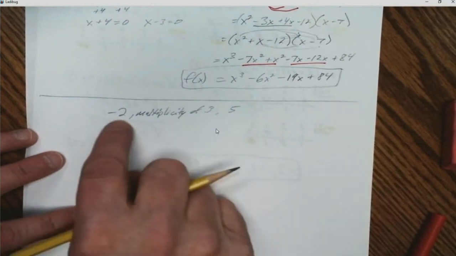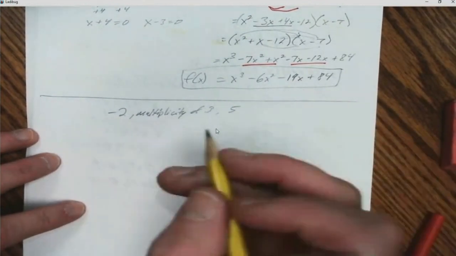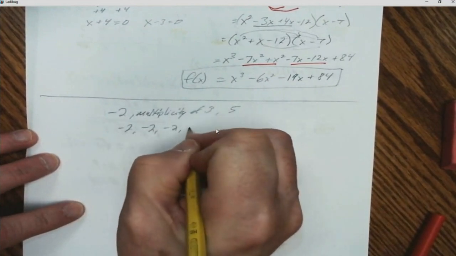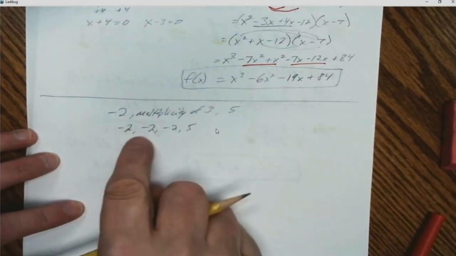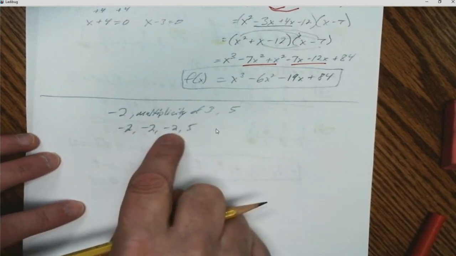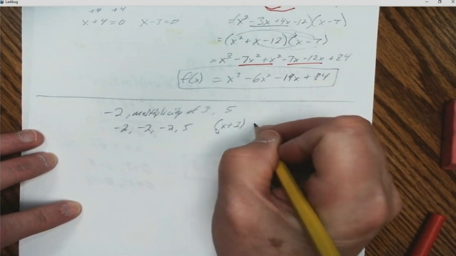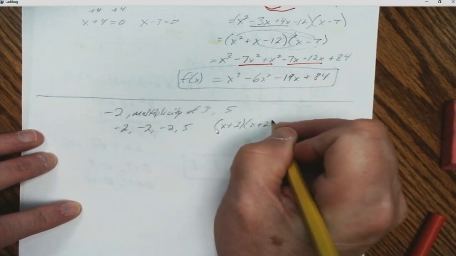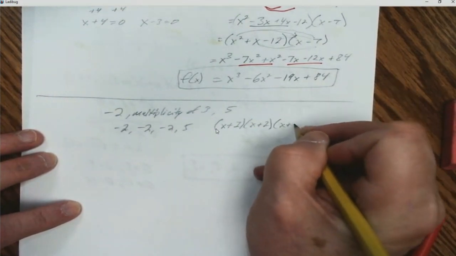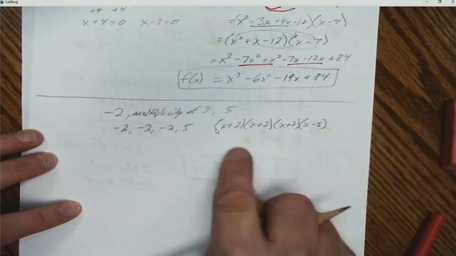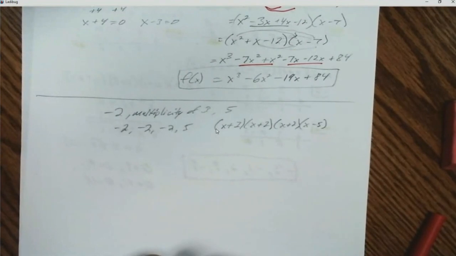Well, you can set that up. If negative 2 has a multiplicity of 3, it means actually the solutions are negative 2, negative 2, negative 2, and 5. Multiplicity of 3 means there's 3 of them. So that means you would have x plus 2 times x plus 2 times x plus 2 times x minus 5. That's what you multiply together.